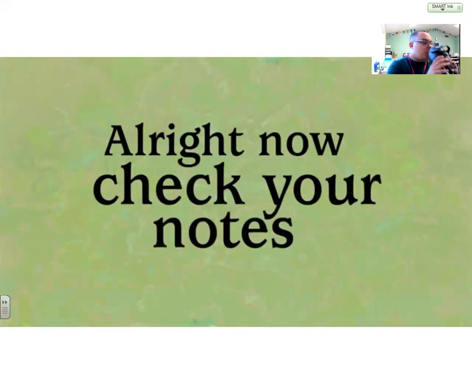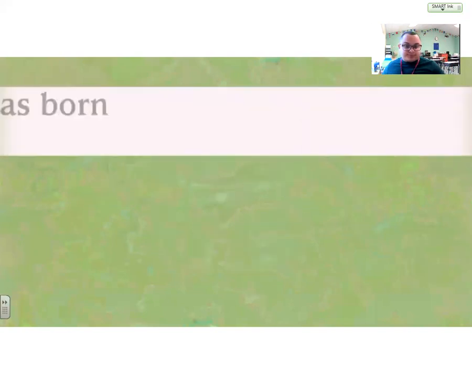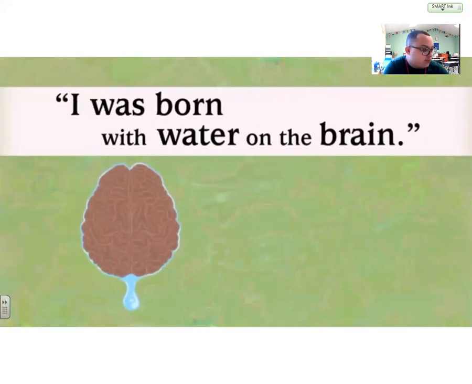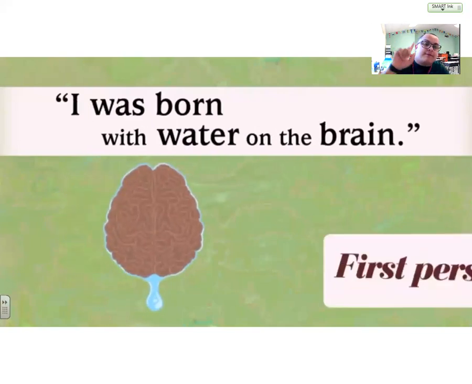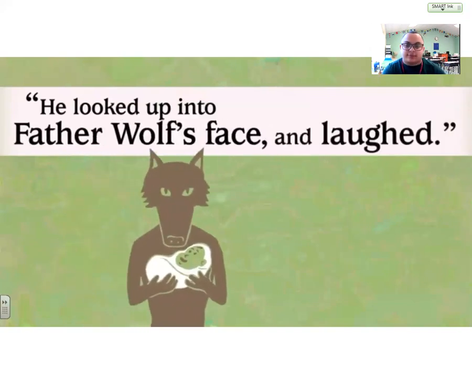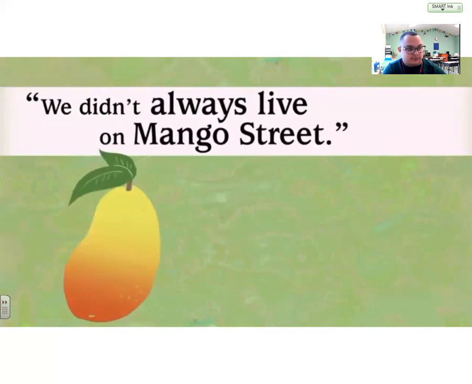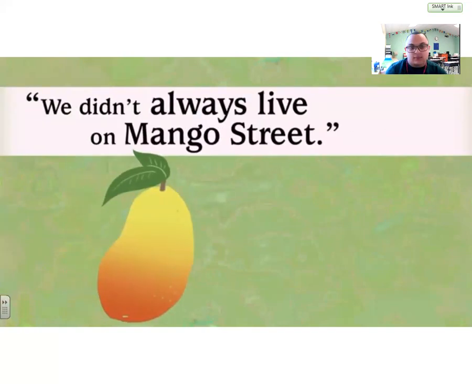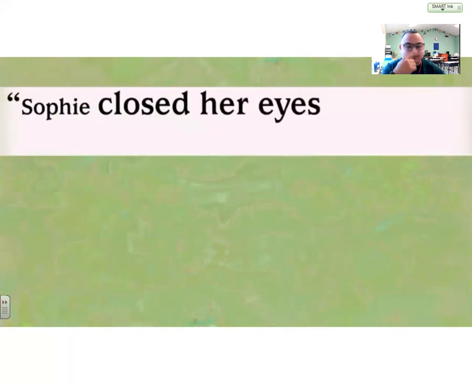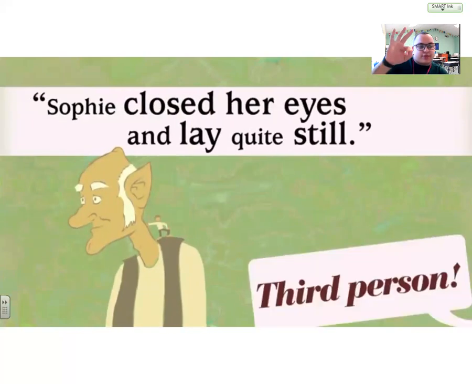All right now, check your notes. Tell me which POV is in each quote. I was born with water on the brain. That's First person. He looked up into Father Wolf's face and laughed. That's Third person. We didn't always live on Mango Street. That's First person. Sophie closed her eyes and lay quite still. That's Third person.